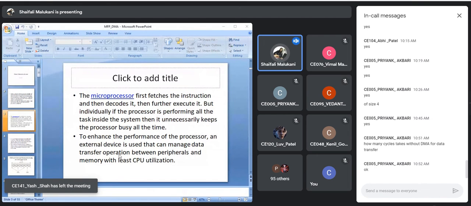But the point here is that the microprocessor, as it is general purpose, will have a variety of instructions. It has to do fetching, and it has to decode to understand what you want to do. And at a time, it cannot do the operation from memory to IO directly. It has to keep the data inside itself first. So that time you can save.